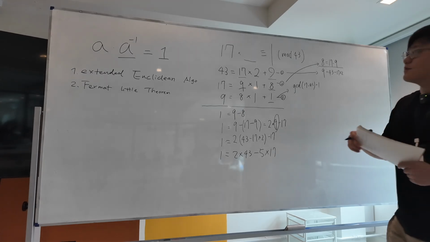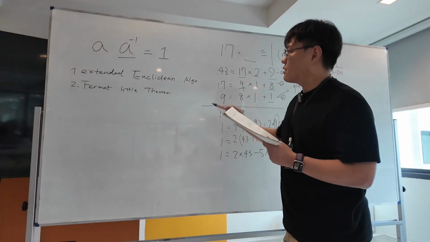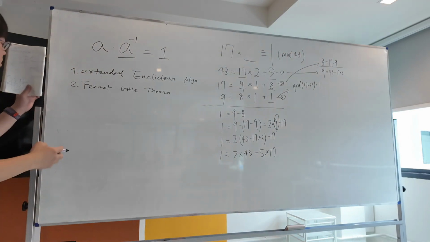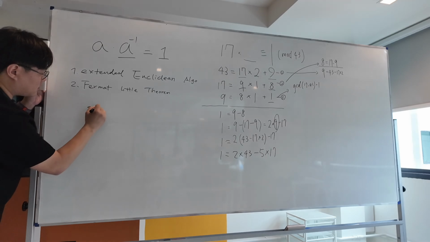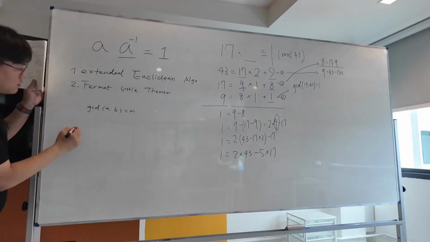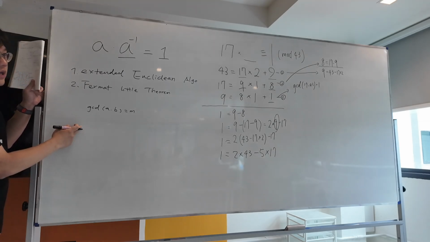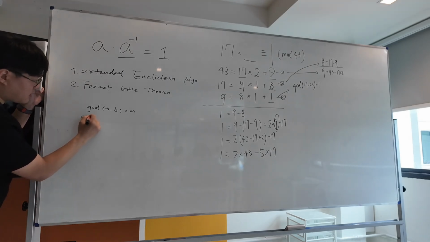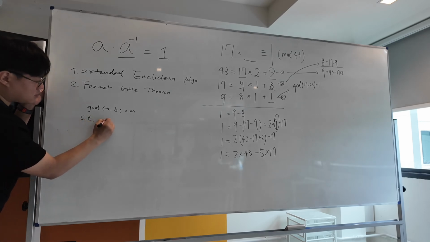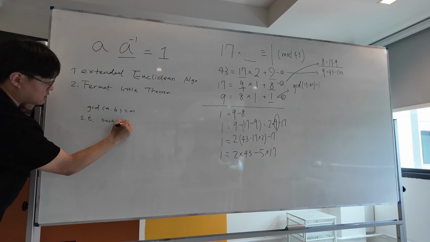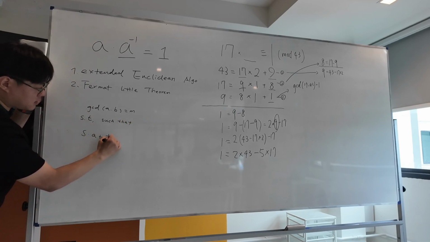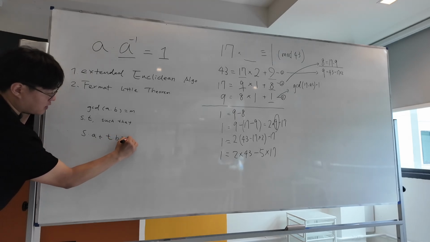The result of this algorithm is that if the GCD of A and B equals n, you will get integers s and t such that s a plus t b equals n.